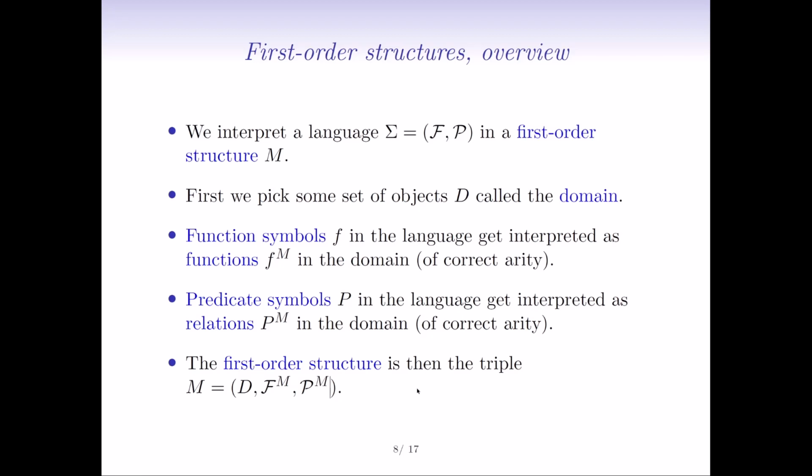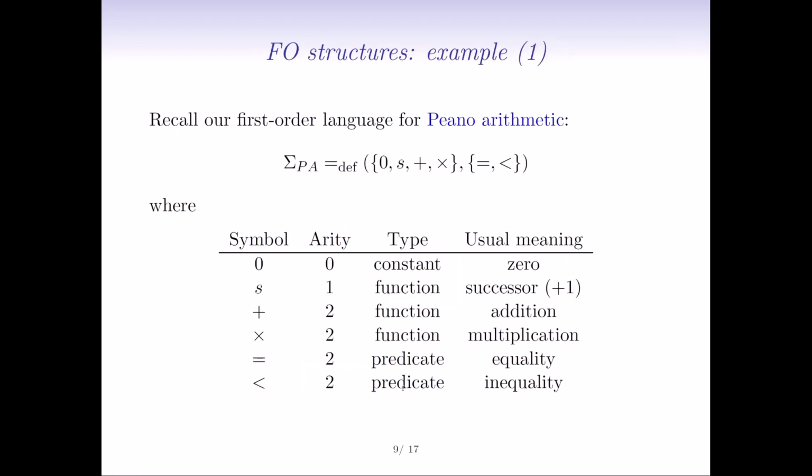This might seem a bit abstract, so let's see a concrete example. Here's an example that we gave in the previous lecture of a first order language for Peano arithmetic. This language has these function symbols, 0, s, plus, and times, and these 2 relation symbols, equals and less than. This table just reminds us of the arity of all those symbols and their types.